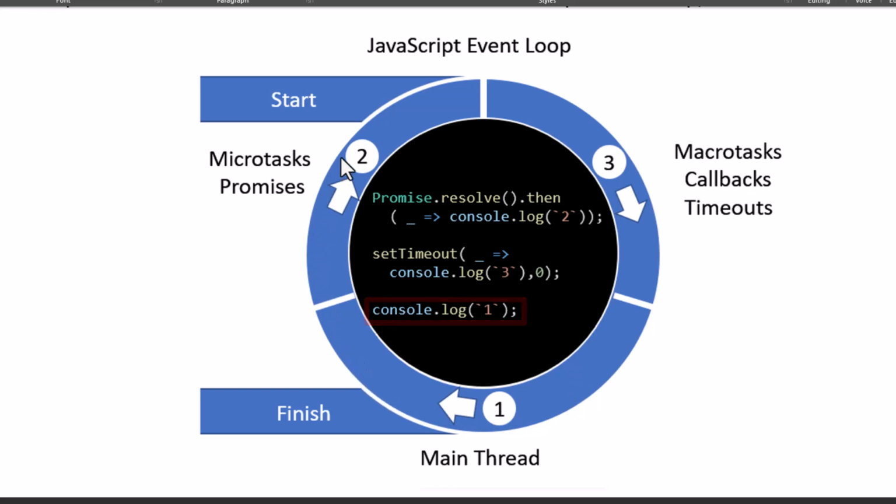As we execute that loop, the second thing we do is execute any microtasks that happen, which was the promise, which means that's why line number 1 executed second. And then as we come around to macro tasks such as callbacks and timeouts, that's why our timeout over here is going to execute third. There's nothing more left in the main thread, so it finishes.